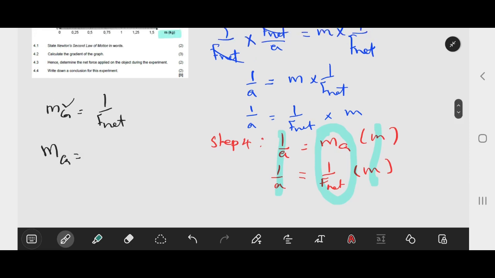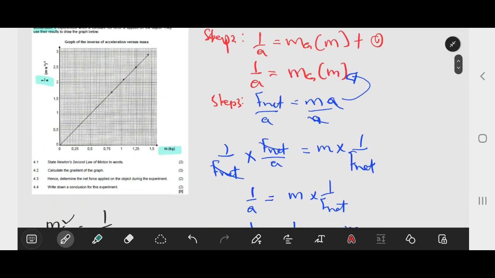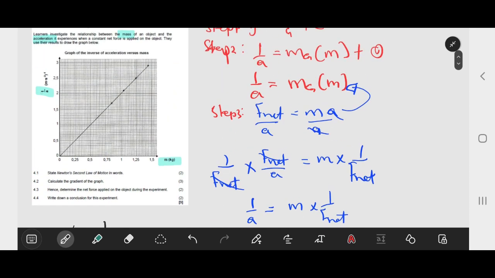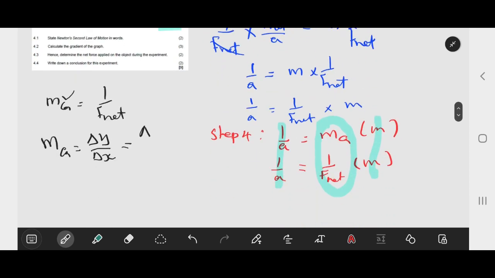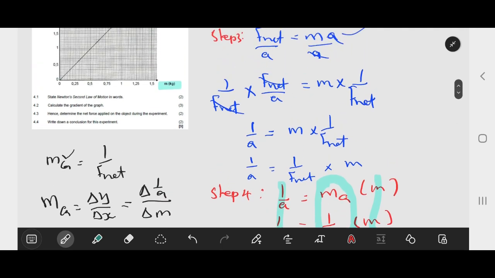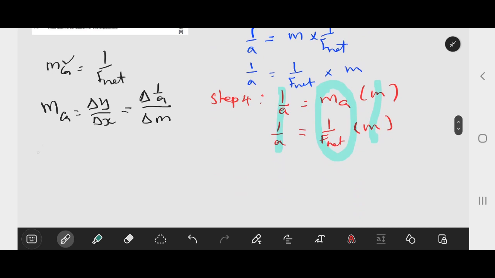Our gradient would be the change in y over change in x, right? But in the y axis we have 1 over a, so that would be change in 1 over a over change in mass in the x-axis. So we choose 2 points to calculate the gradient.